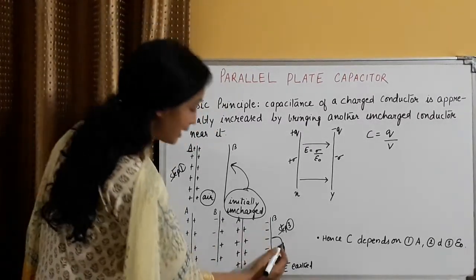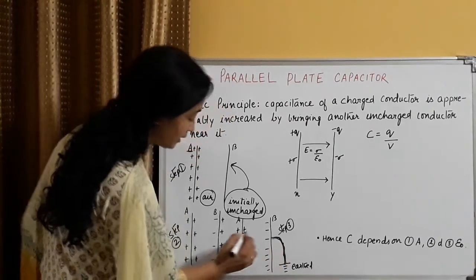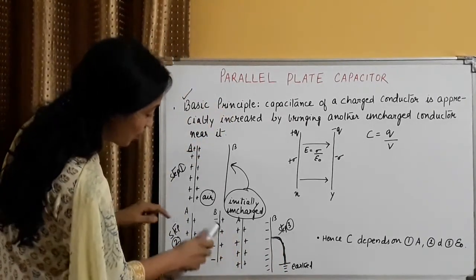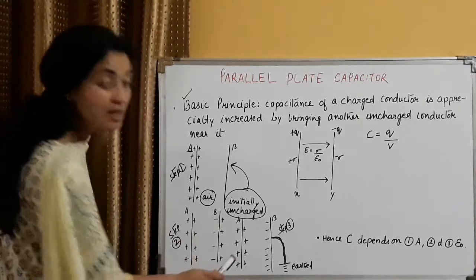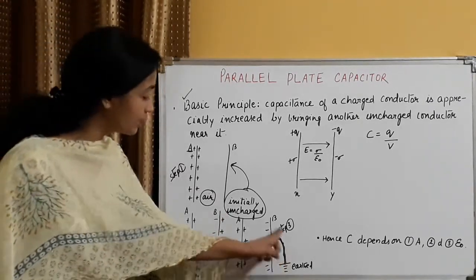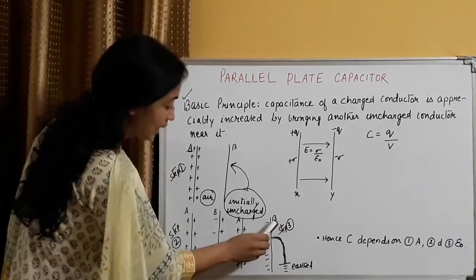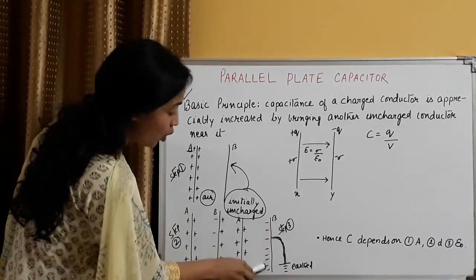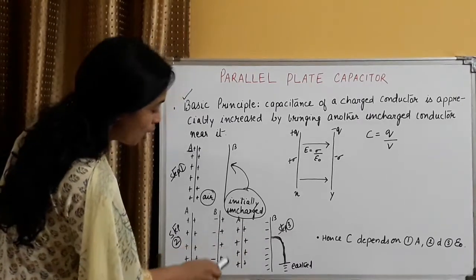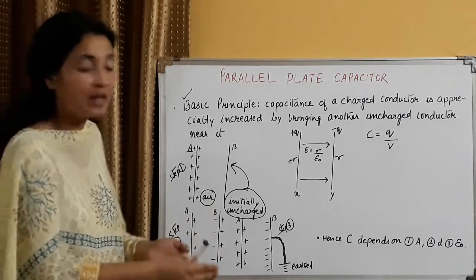The moment we connect it to earth, the electrons come out of earth and neutralize this positive charge. Suppose there is a shortage of 4 electrons, then 4 electrons will come from earth and neutralize this positive charge. So now the conductor B is left with only negative charge, no positive charge to enhance or support the conductor A.